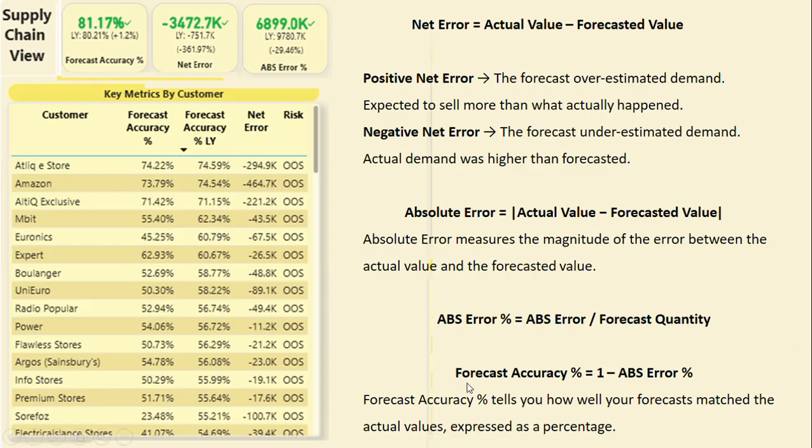The forecast accuracy percentage tells how well your forecasts match the actual values. For this we have used the absolute error. Here I have given for each customer the forecast accuracy percentage and its last year value, the net error and the risk.